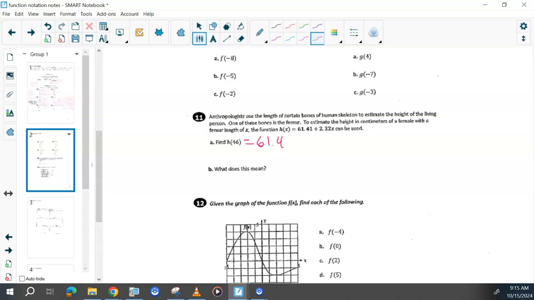So we're going to put 46 in for x just like we did previously. Tell me what that number is.